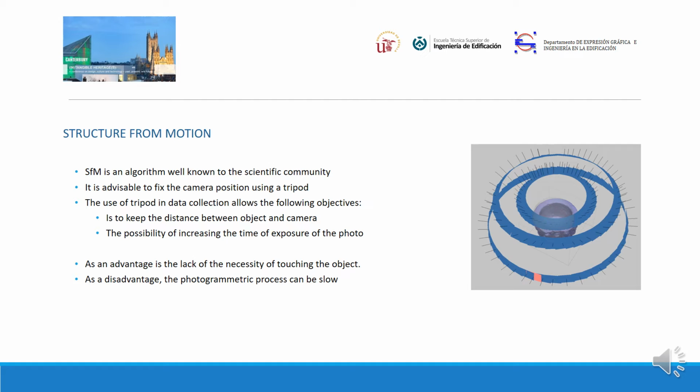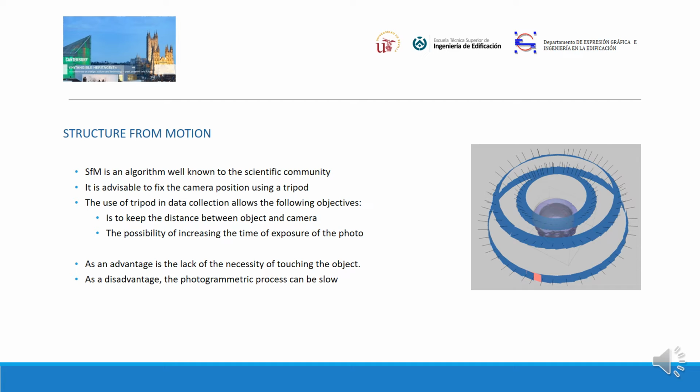Structure from motion is an image-based data capture technique and an algorithm well known to the scientific and academic community. In this kind of data acquisition process, it is advisable to fix the camera position using a tripod. The use of a tripod in data collection allows the following objectives.